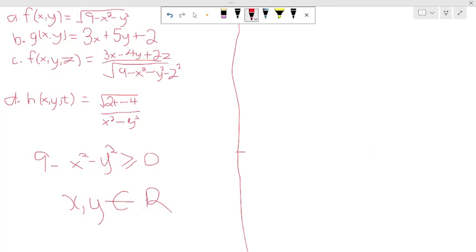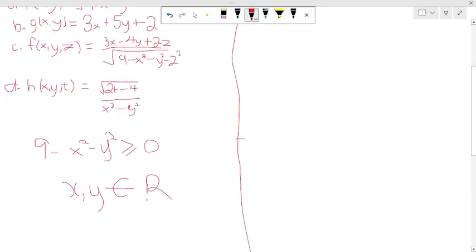And also the radicand, that's the expression under the square root sign, must not be negative. That means that our expression there, that's 9 minus x squared minus y squared minus z squared, should not be what? Negative. It should be greater than or equal to what? 0.